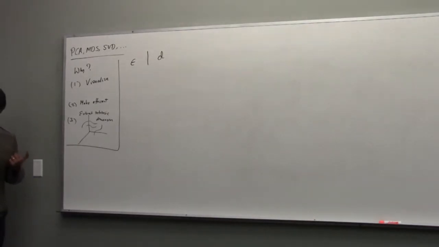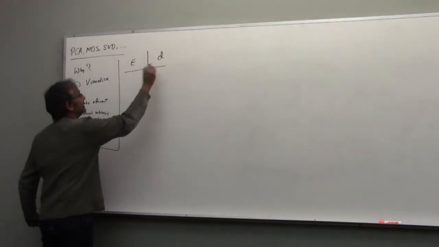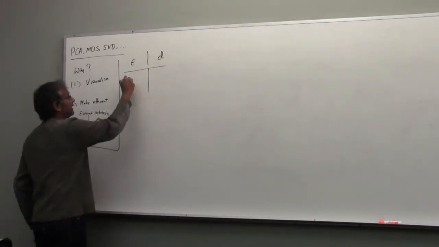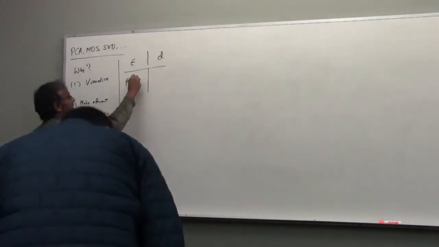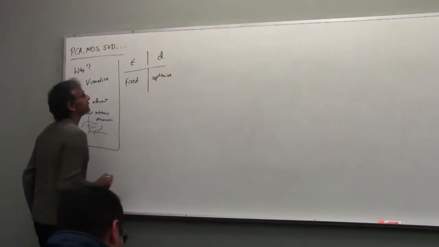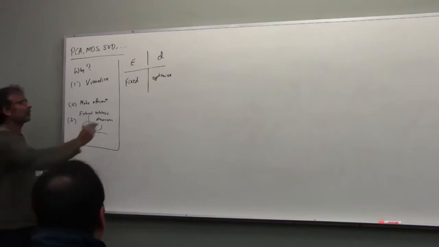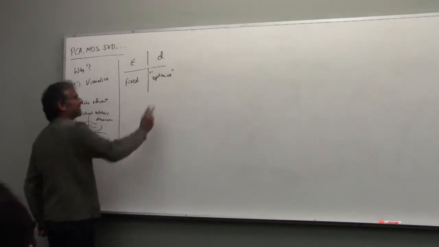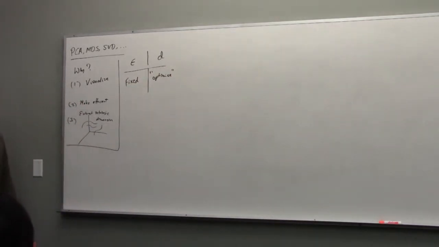And both methods that I talked about last time are ways of saying, keep it fixed and optimize this. And I'm going to put this sort of in quotes because you're not technically optimizing this so much as just finding upper bounds, lower, upper bounds on what you're doing.